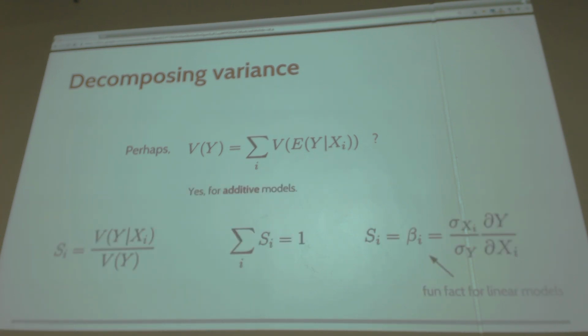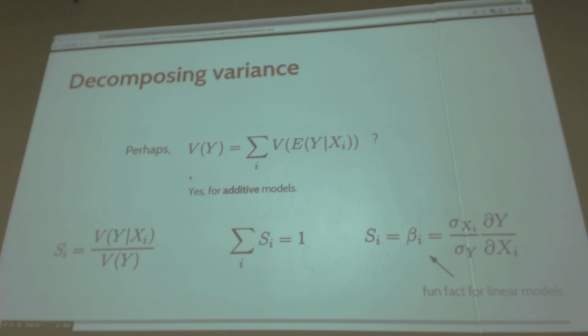Well, we can sometimes, if the model is additive, not even necessarily linear. For an additive model, the variance of the output is given by the sum of conditional variances for every parameter. So variance distributes over the model itself.